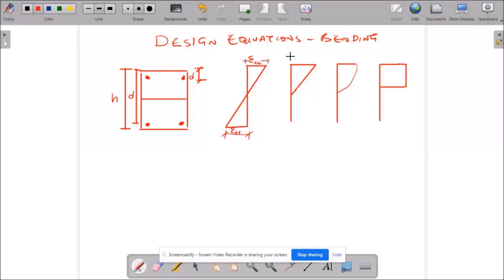Then we'll consider this as our stress block. Here we have the triangular stress block, here the rectangular parabolic, and here the equivalent rectangular.